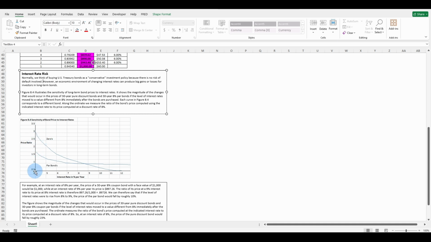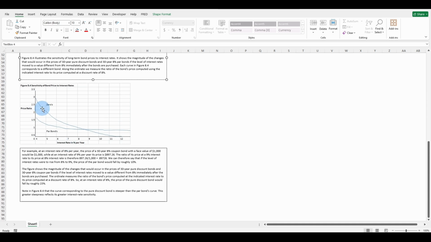Look at the variation. We go from 4% to 5%, and then 6%. You could see if you're holding zeros and prices move against you, you're going to see some serious price changes. Zeros versus par bonds. For example, at an interest rate of 8% per year, the price of a 30-year 8% coupon bond with a face value of $1,000 would be $1,000, while at an interest rate of 9% per year, its price is $897.26.